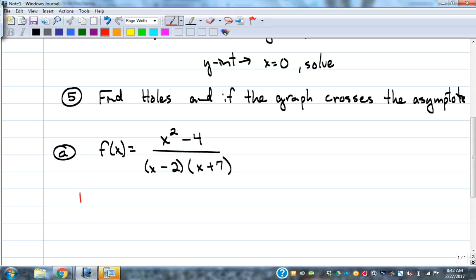Domain is what we would find first. Through this example, we'll see what holes means.